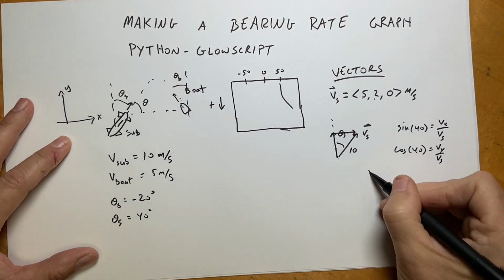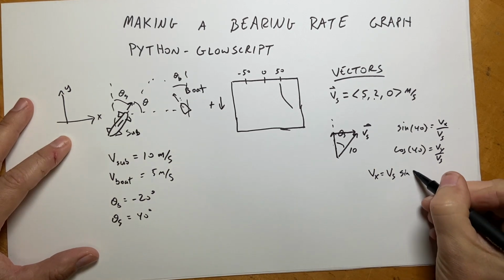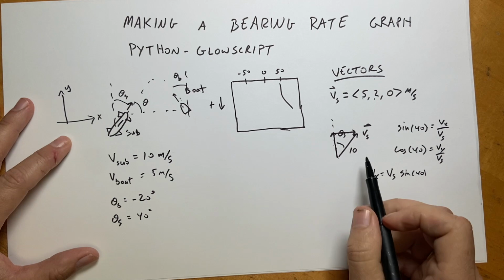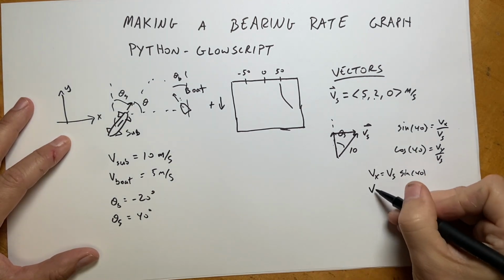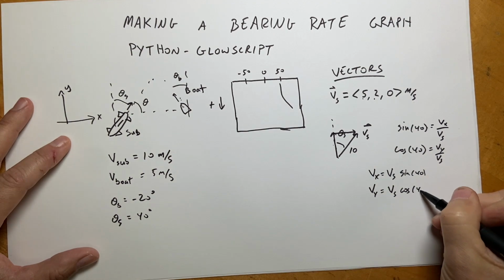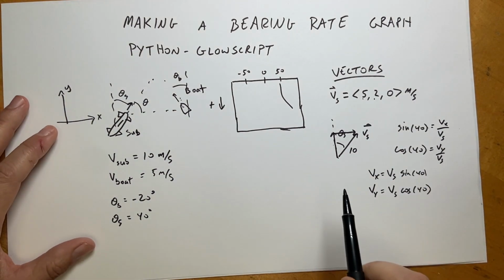So I can find Vx is V sub sine 40, because of the way I'm measuring the angle. And then Vy is going to be V sub cosine 40. And so I can get my values for x and y.